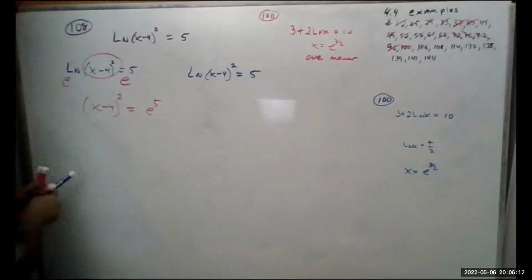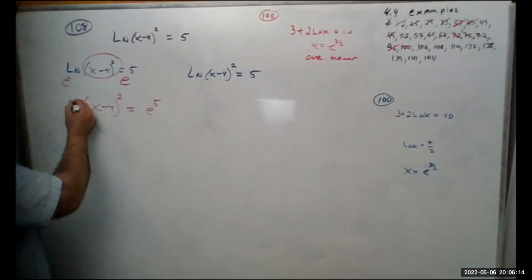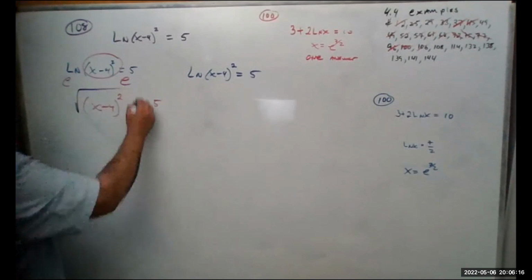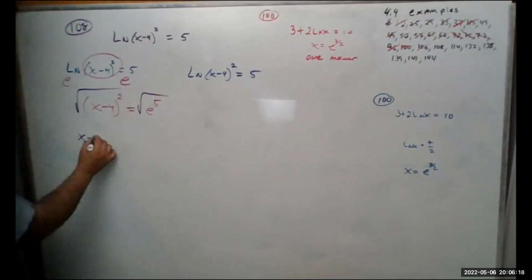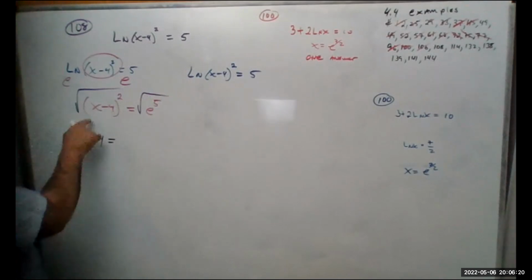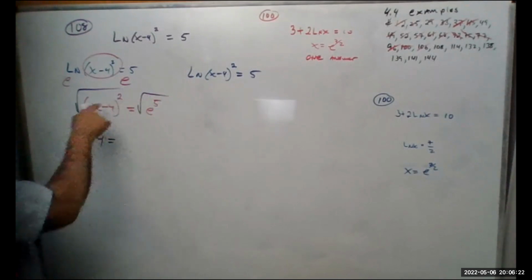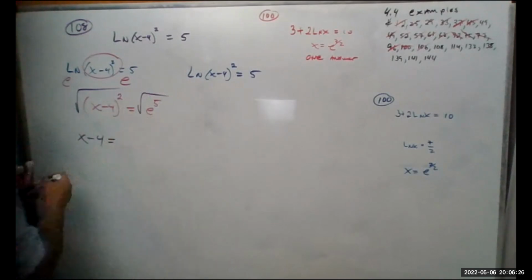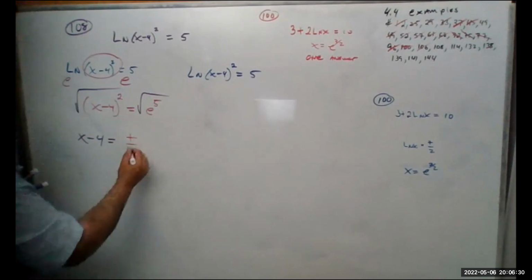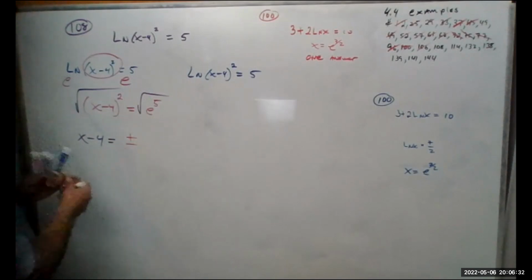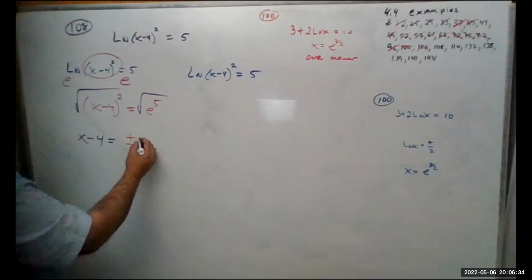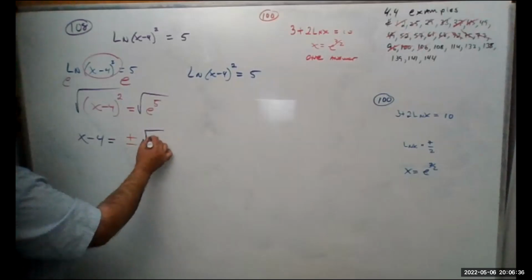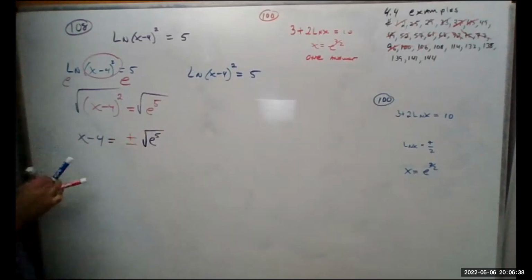We're solving, so you're going to take the square root of both sides. And you get x minus 4 equals, because you're solving and you took the square root of both sides, plus or minus the square root of e to the 5th. Then you add 4.